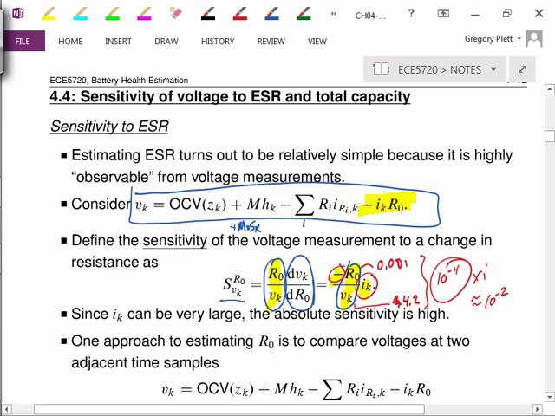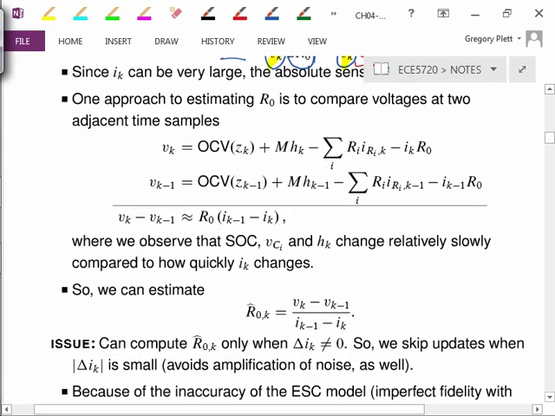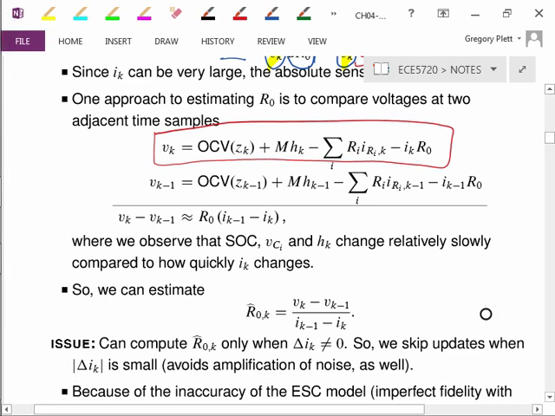That means it's easy to see, so let's look at a very simple method for estimating R0 that works perhaps surprisingly well. What we do is we take the voltage of the cell at time k and say it's OCV plus hysteresis minus diffusion voltages minus I times R0.